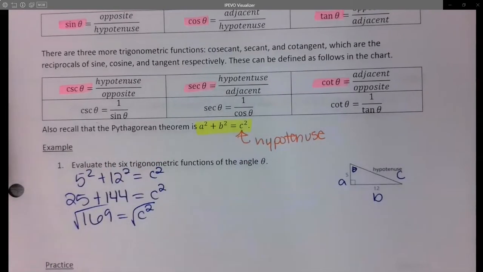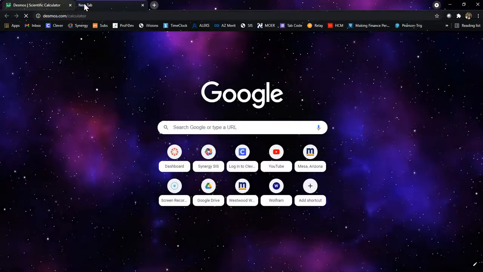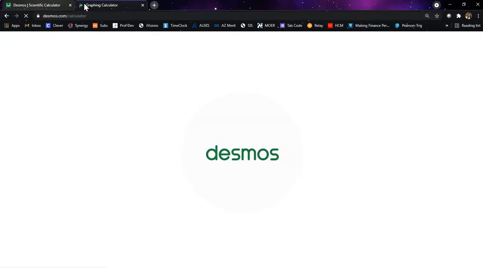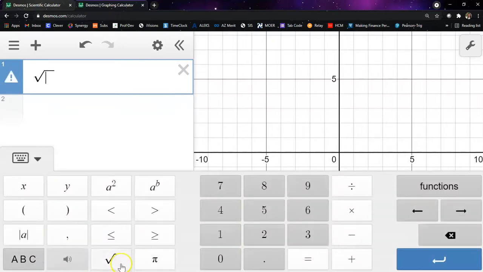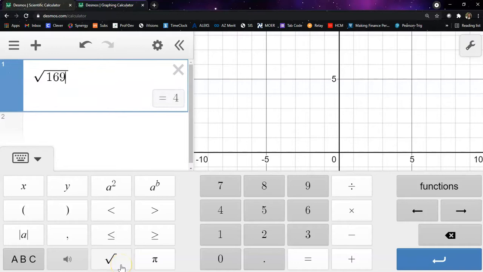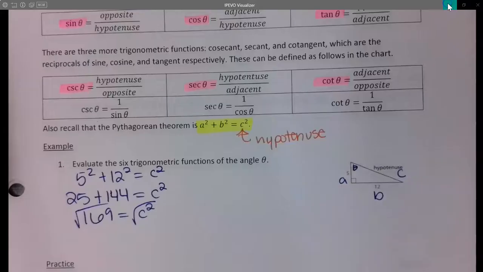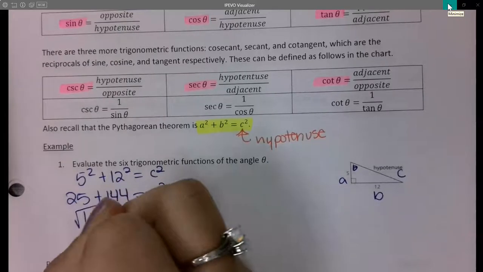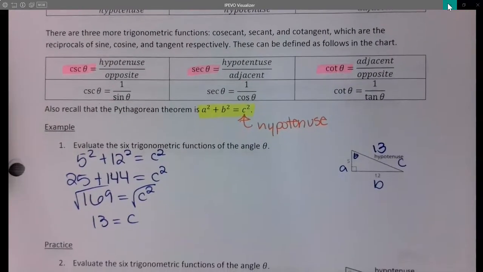I can go to Desmos for this. I can type the letters SQRT, and it'll give me the square root, or if I click this keyboard, there's the square root option right here. Then I typed 169 to get 13. That was not the button I meant to press. So now I know my hypotenuse is 13.